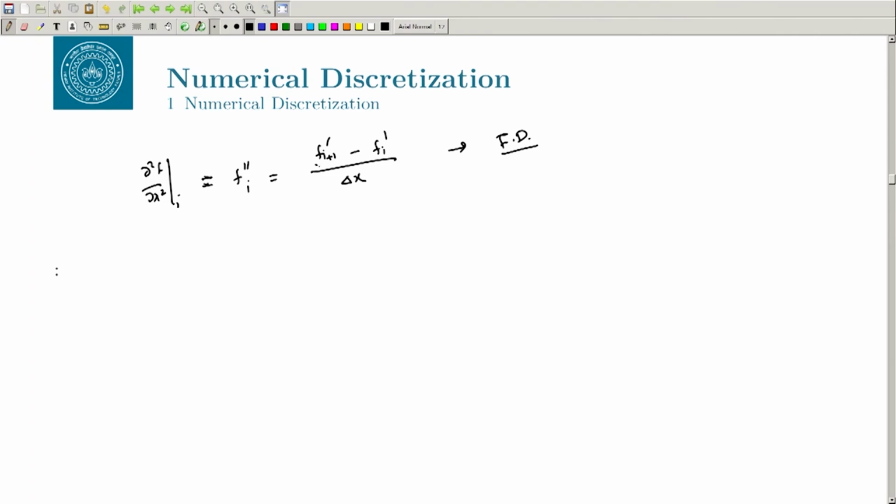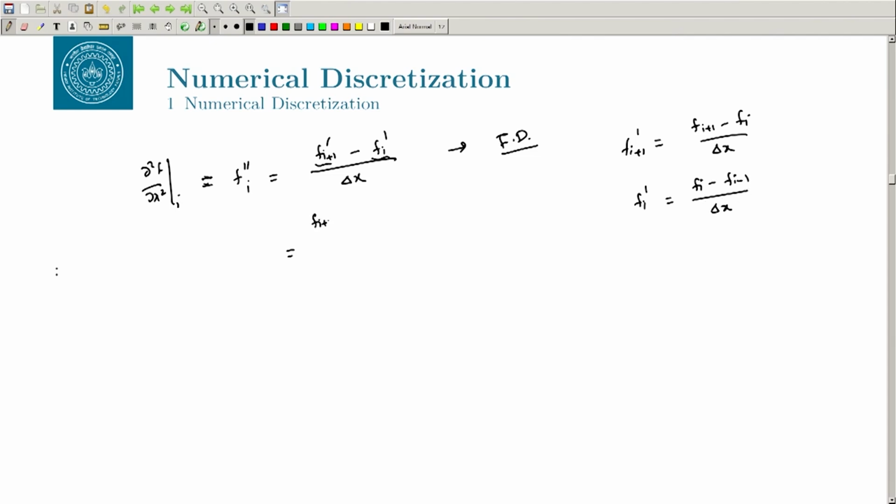Now, for this first prime you use the backward differencing. So, you can write f prime at I plus 1. If you use the backward differencing around I plus 1, that will become f I plus 1 minus f I by delta x, and f prime at I will become f I minus f I minus 1 by delta x, right.